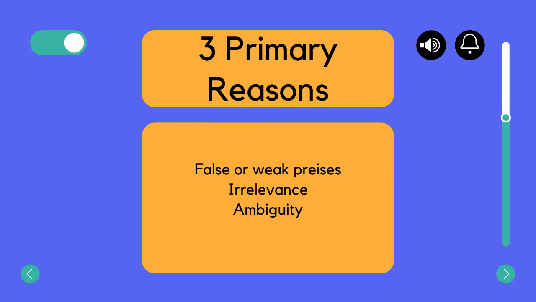They use a false or weak premise, or they rely on comparisons or authorities that are inappropriate. Irrelevance is where you're trying to distract readers from the point and bring up issues that are beside the point. And then ambiguity is where the author clouds the issue by using things like circular reasoning, arguing against a position no one is defending, straw man, or presenting the reader with an unreasonable choice of options.